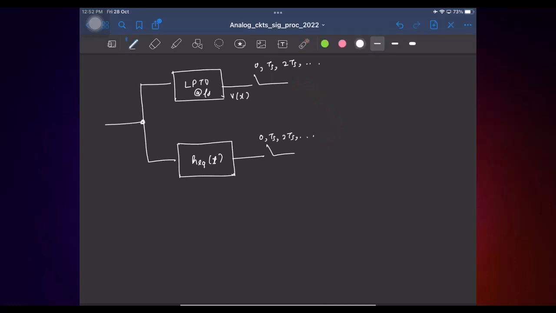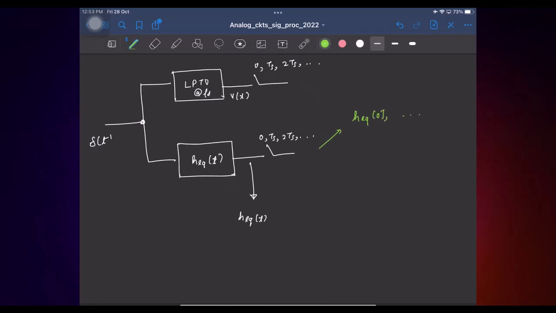So, and what are we interested in finding? Impulse response of this equivalent filter. Okay. So say I give an impulse delta of t. What will I get here? H equivalent of t. Right? What will be the samples here? 0, Ts and so on.